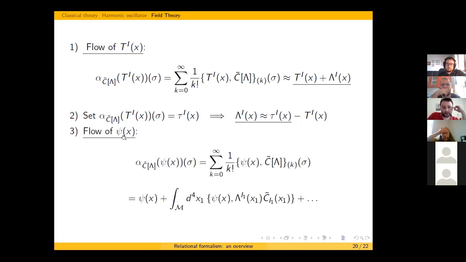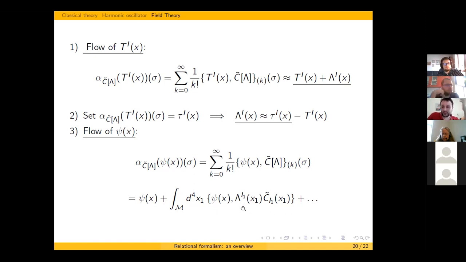Now we calculate the flow of the other partial observable, and this flow is much more complicated because we have infinite terms involving infinite integrals in the power series. This is just the first term, the linear term in the Poisson bracket. So how can we deal with this? At least how can we cope with the fact that we don't know how to simplify all these terms?